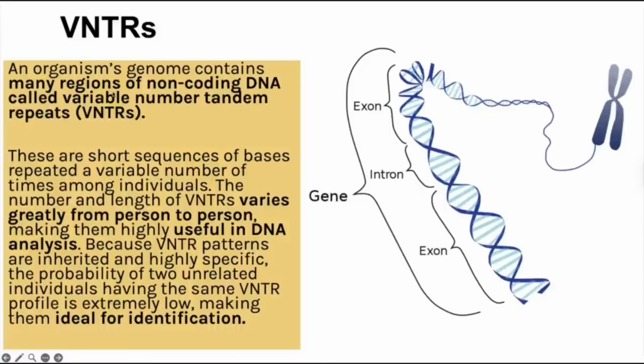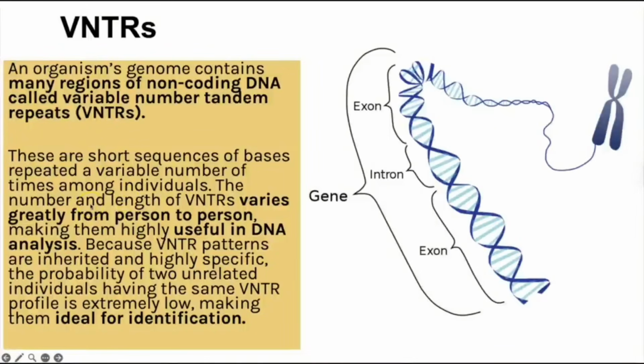So then we go on to how this process might occur using gel electrophoresis. And VNTRs are needed for this. VNTRs are variable number tandem repeats, and an organism's genome contains many regions of non-coding DNA, which are VNTRs. So they're short sequences of DNA bases repeated a variable number of times among individuals.